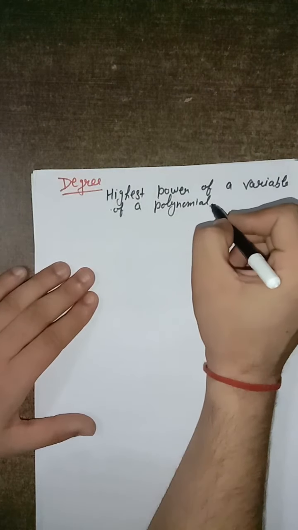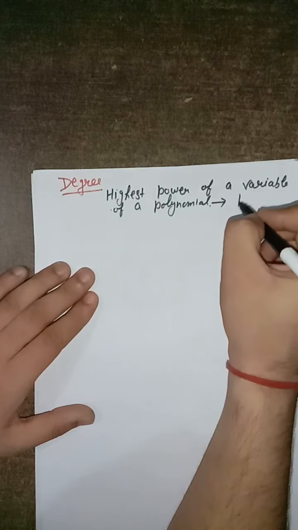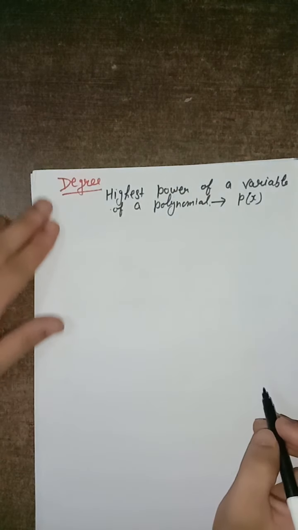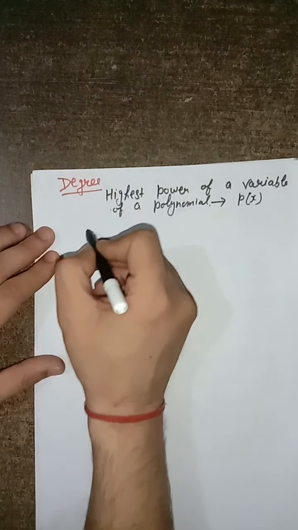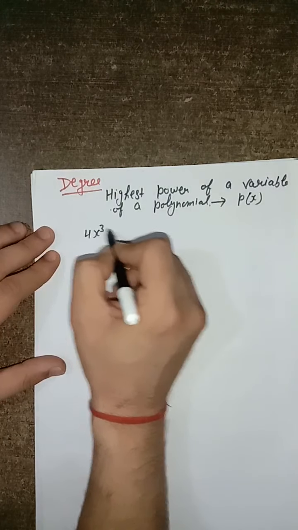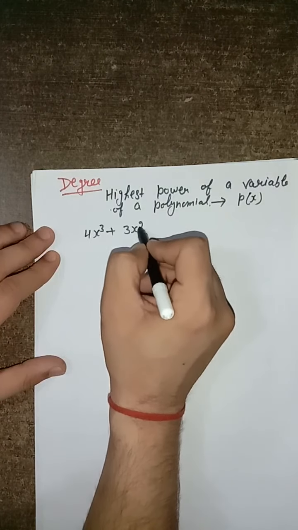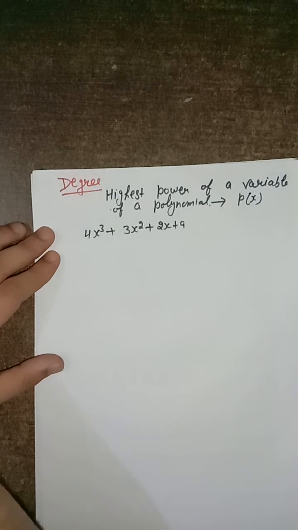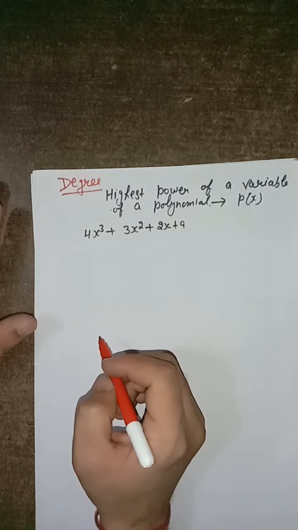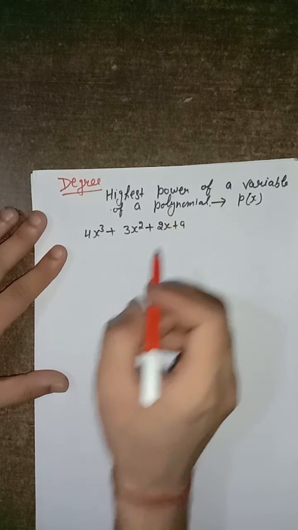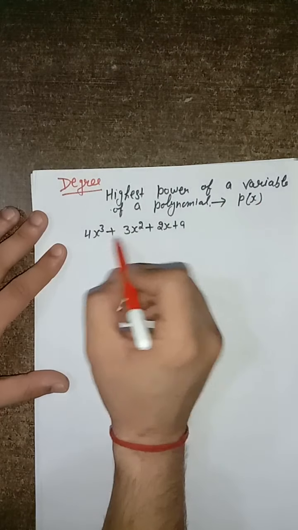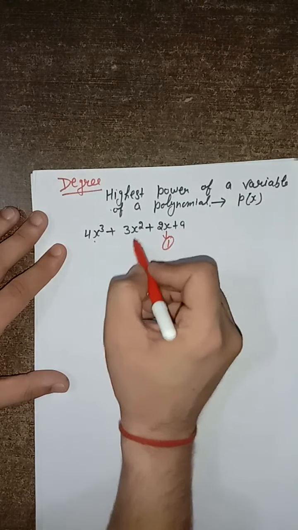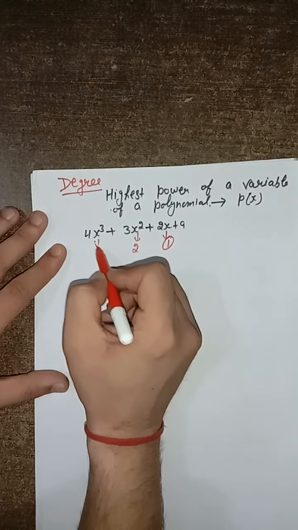Now students, we denote a polynomial with p(x). If I am writing 4x³ + 3x² + 2x + 9, here the variable is x and its highest power, here power is 1, here 2, here 3.